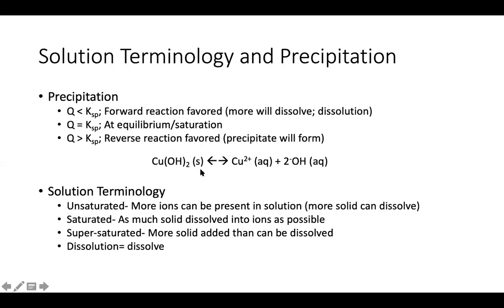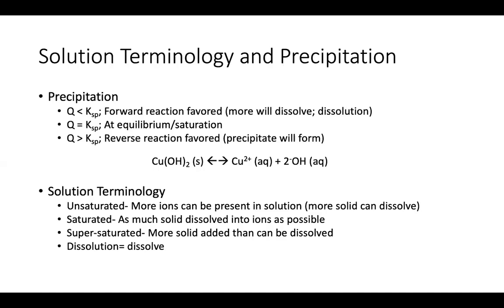When we're looking at that for the dissolution or solubility of a solid, if our reverse reaction is favored, we'll actually form a precipitate. We'll form a solid. And so it's very significant when your Q is greater than your KSP, because you'll be forming solid. That was the premise behind challenge problem number 4 that we just went through.